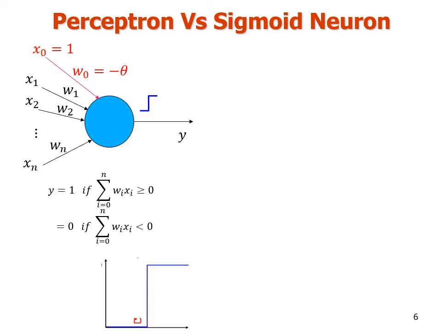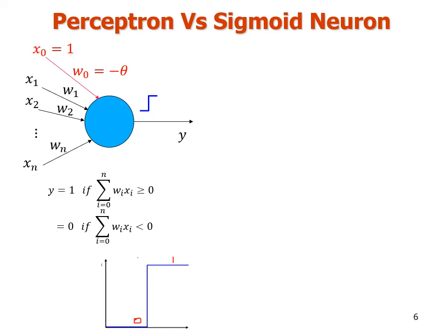And if the weighted sum is say 0.51, then suddenly the output goes to 1 and we say that we should watch the movie.